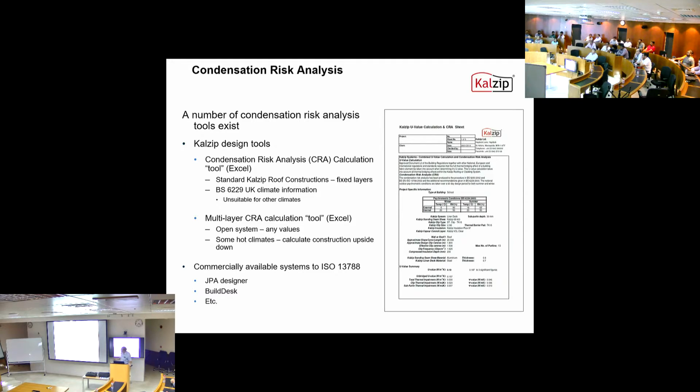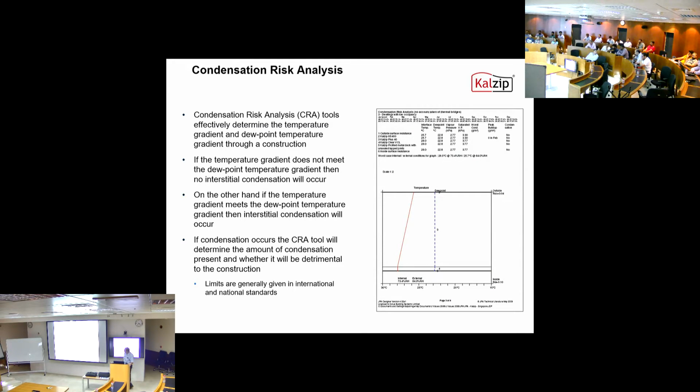So these are the condensation risk analysis design tools which we use. Again, we can put the build-up in different temperatures, and that will determine whether there's any risk of condensation forming. This is a model. This is inside, this is outside, the dotted line is the dew point, and this is the temperature gradient through the construction.